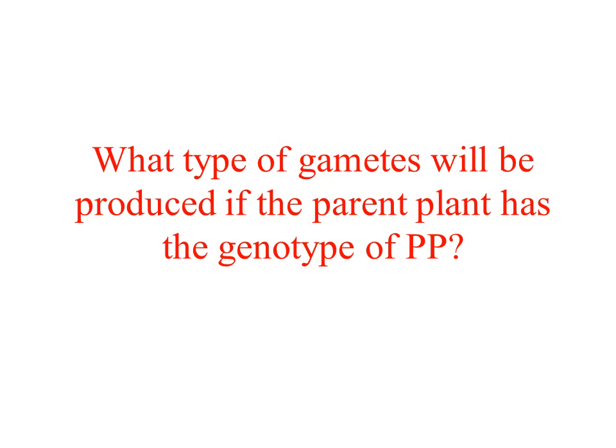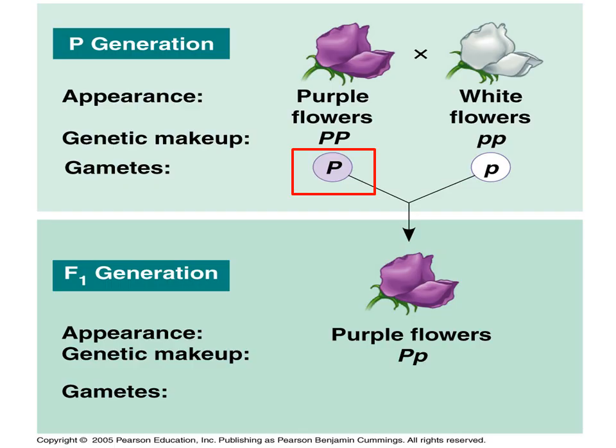Let's look at another example. What type of gametes will be produced if the parent plant has a genotype of big P, big P? That was one of the examples of the true breeding plant. Purple flower is big P, big P. If you take one of the cells of that flower through meiosis, the gamete that will be produced, that one daughter cell, what will it have in reference to P's?